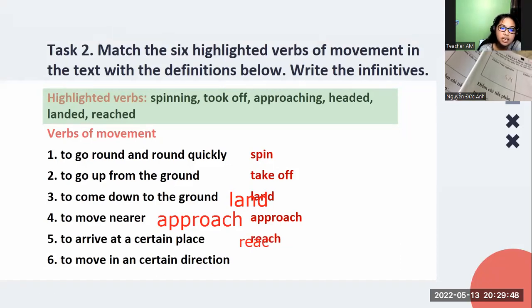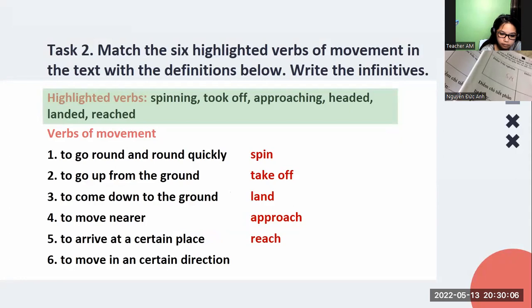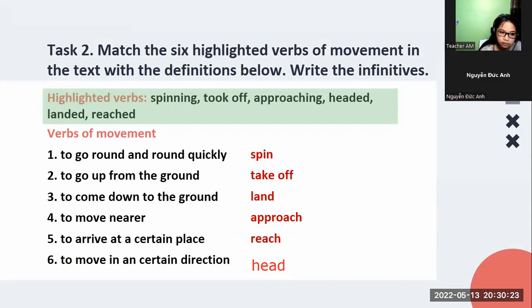To move in a certain direction. Okay, that's head. Very good, because you got a perfect score here.